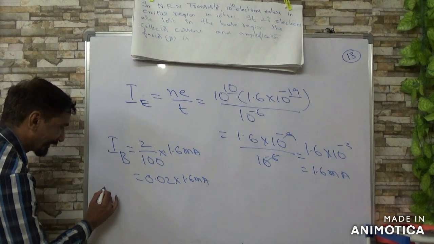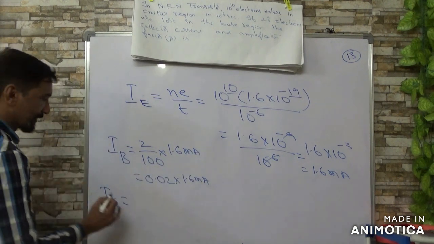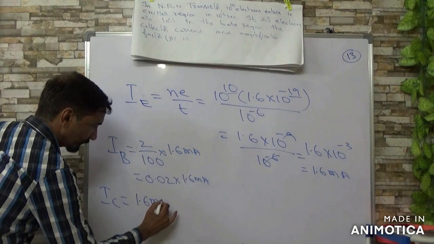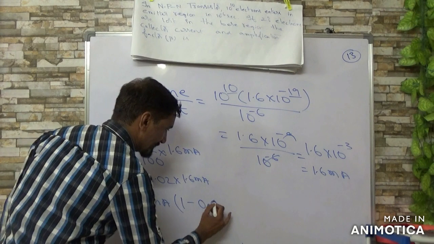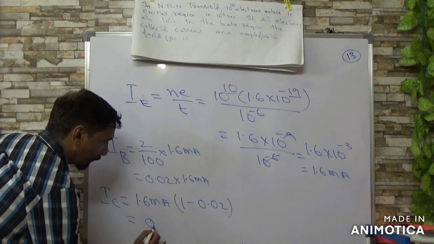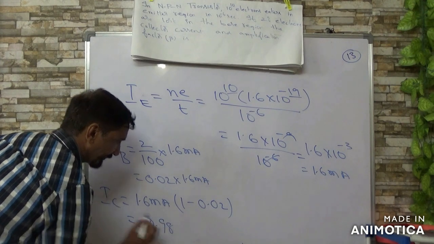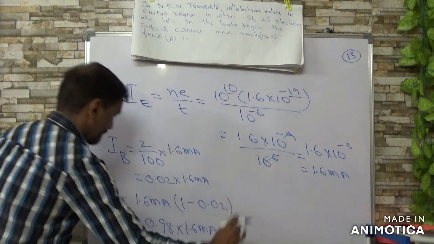Therefore collector current will become emitter minus base, na, emitter minus base. Okay, so you get 0.98 na into 1.6 milliamps.